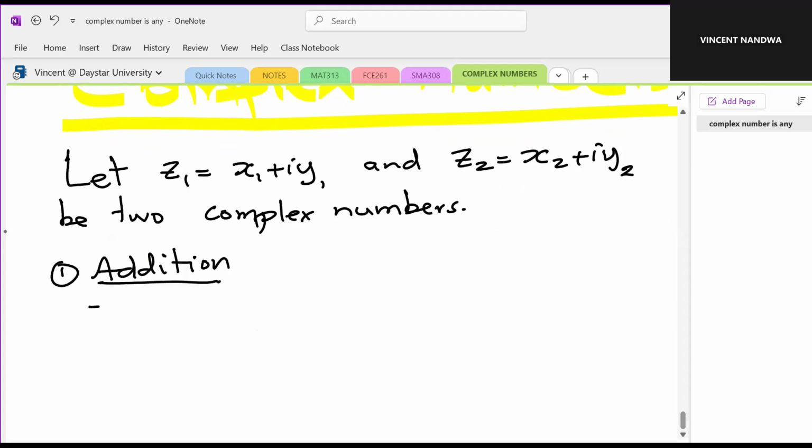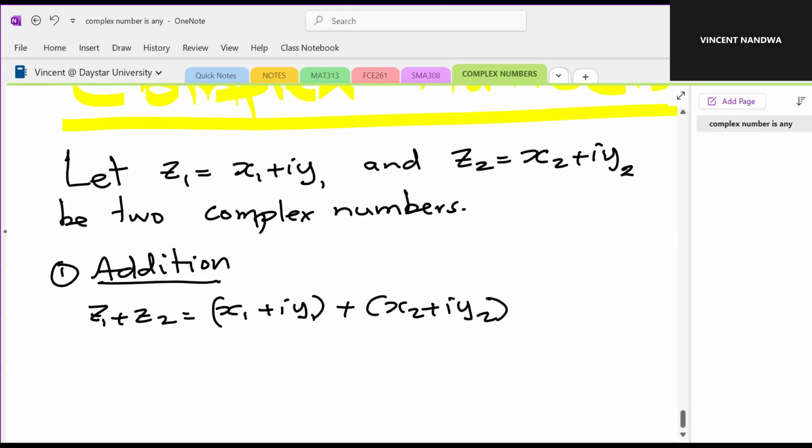So Z1 plus Z2 will be given by X1 plus iY1 plus X2 plus iY2. Then you remove brackets: X1 plus iY1 plus X2 plus iY2.